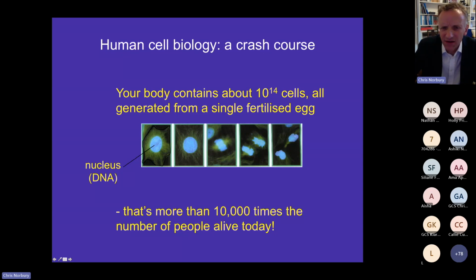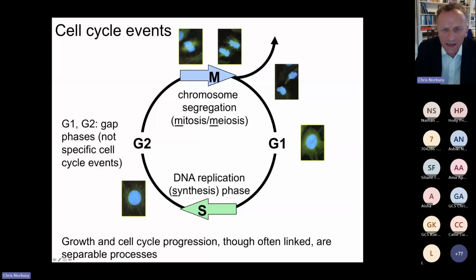This is a vast number of cells, and many of those cells have jobs that don't involve them making more cells. But in particular epithelial tissues and bone marrow and various other tissues are characterized by a continuous turnover of cells during our lifetime, the progression of cells through what we call the cell cycle. And it's the cell cycle that's illustrated in this slide here.